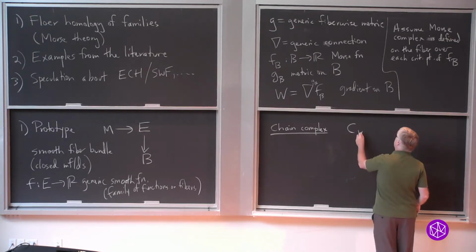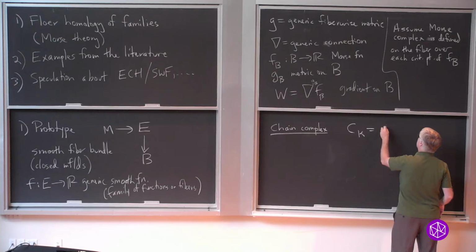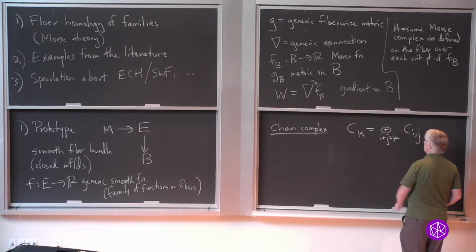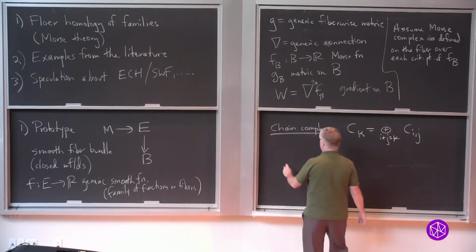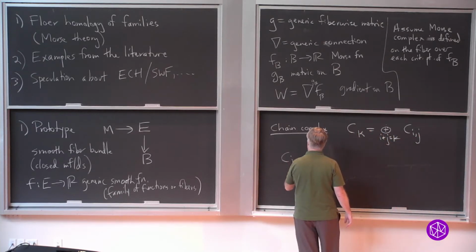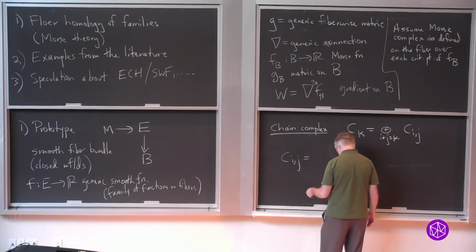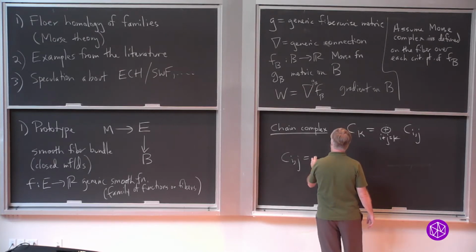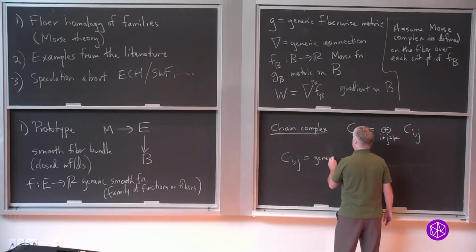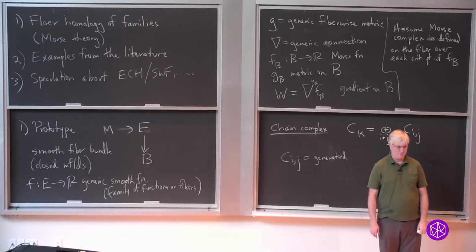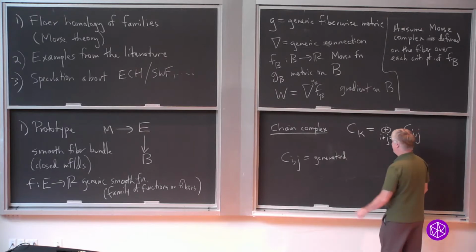The chain group is going to be a sum of chain groups C_ij, and C_ij is generated, and we could use integer coefficients if we want, but I don't talk about signs in public, so we'll use Z/2 coefficients.